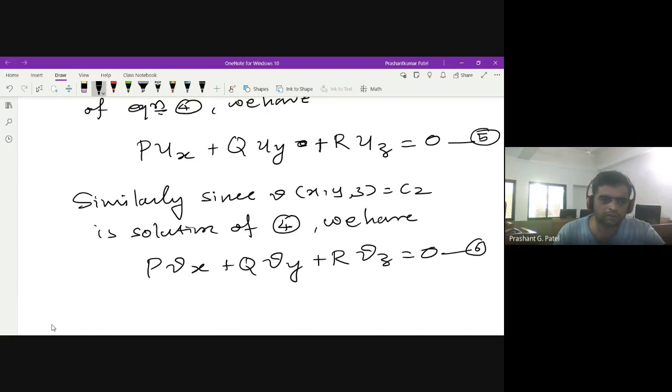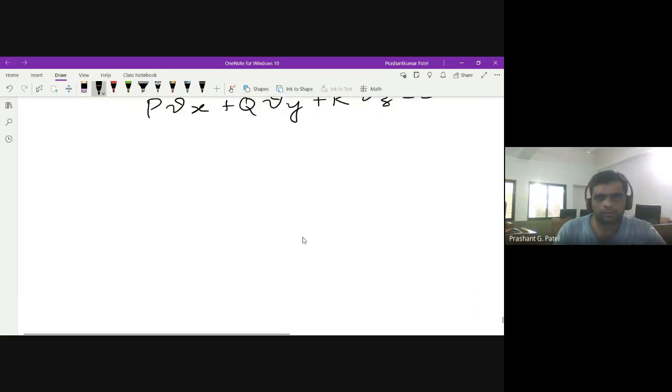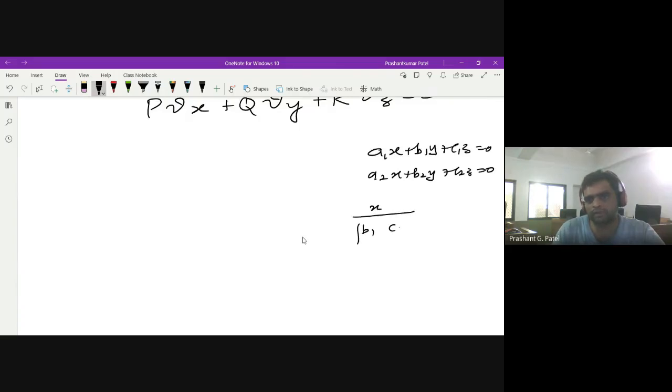And to solve these linear equations, we'll use Cramer's rule. If you recall, if we have a1x plus b1y plus c1z equal to 0, a2x plus b2y plus c2z equal to 0, then it is written as x upon the determinant of b1 c1 b2 c2 equal to y upon minus the determinant of a1 c1 a2 c2, equal to z upon the determinant of a1 b1 a2 b2.